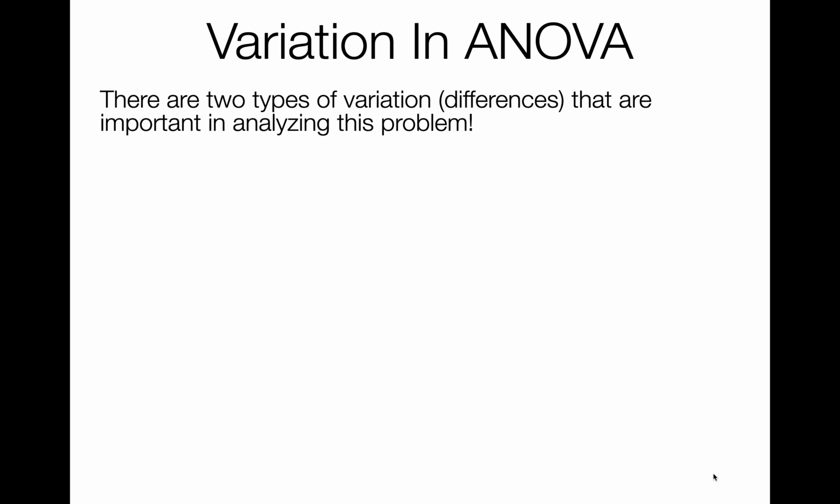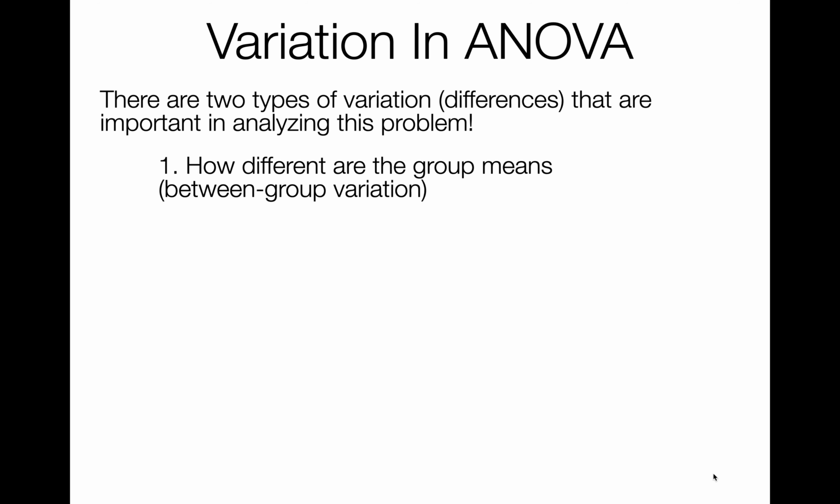In fact, it's the most important thing that we do. There are 2 types of variation that we're interested in when we're looking at a problem with the ANOVA method. The first is how different the group means are.